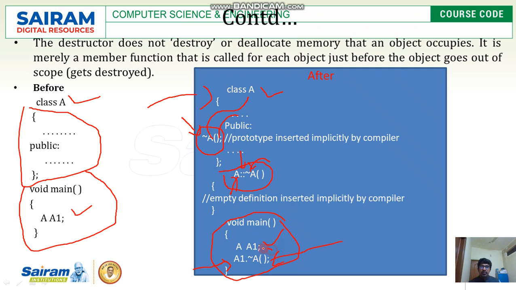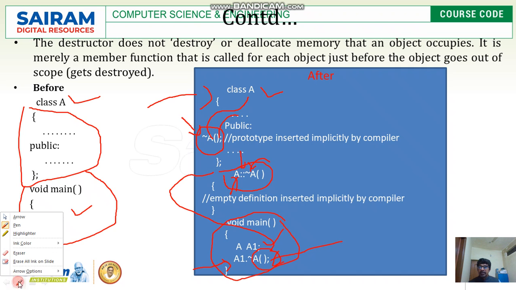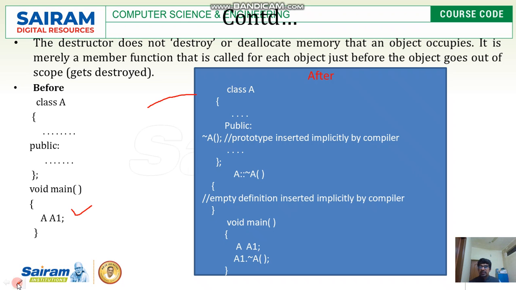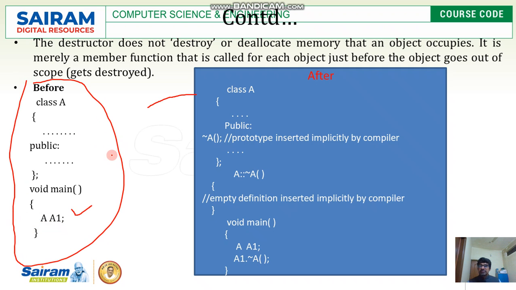Using the object, we are going to access this member function, which is in fact a destructor. So let us see what happens to the program, what we write, and how this gets converted. This is what we have written. There is no destructor, but this gets converted into a format, a class where there are destructors.